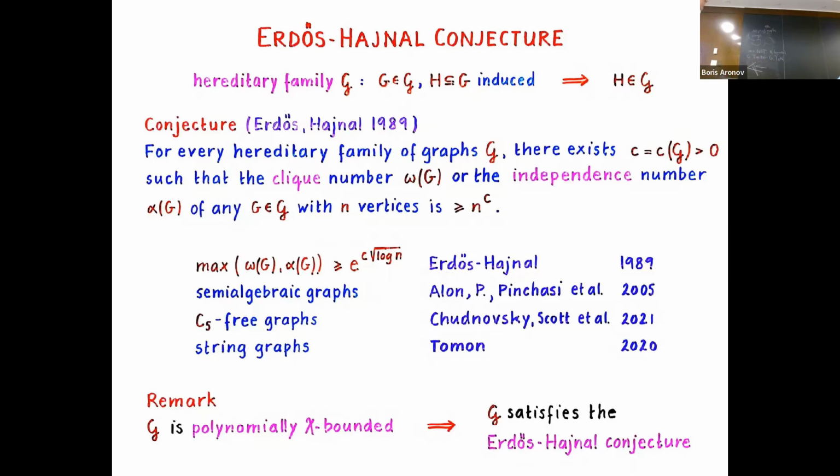So the question is about disjointness graphs of letter V's, any pair of which intersect at most once.